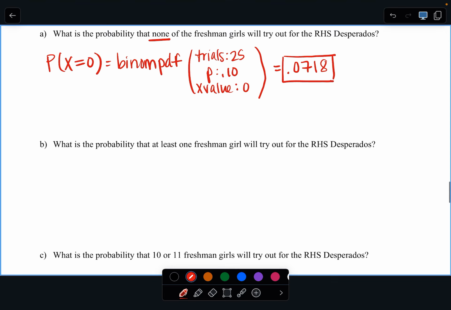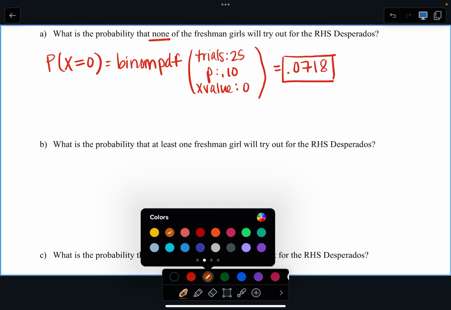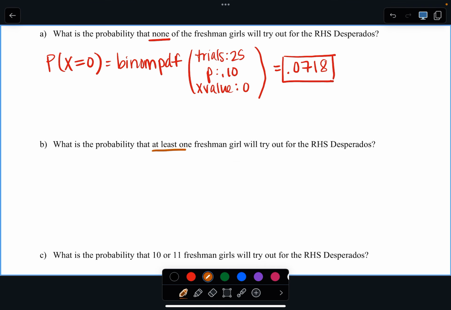Now for part B, this is another commonly missed question. What is the probability that at least one freshman girl will try out for the RHS Desperados? The easiest way to find at least one is 1 minus the probability of none.